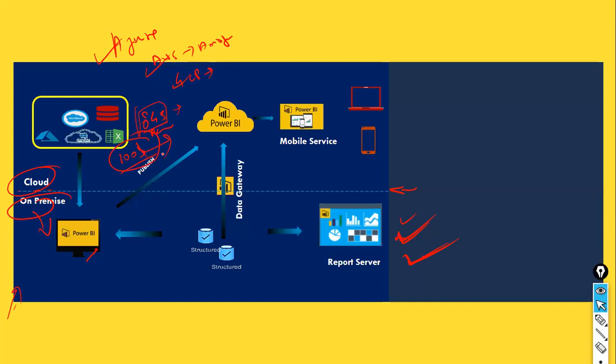Whereas buying a big server and setting up everything involves a lot of cost, unnecessary overhead. You need to recruit people to do installation and all the things. So in this case, the cloud is very good.